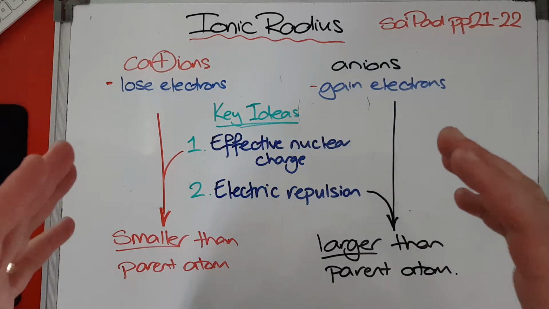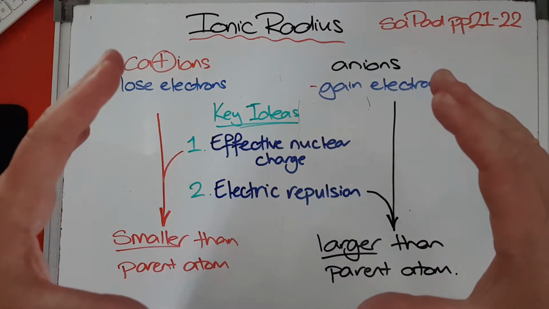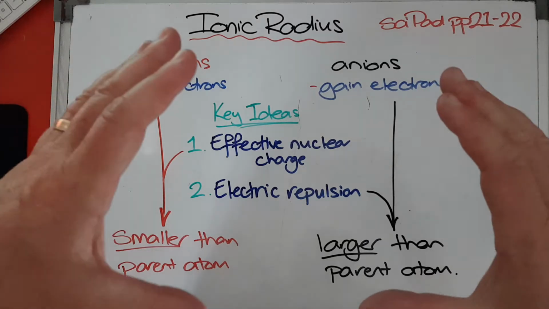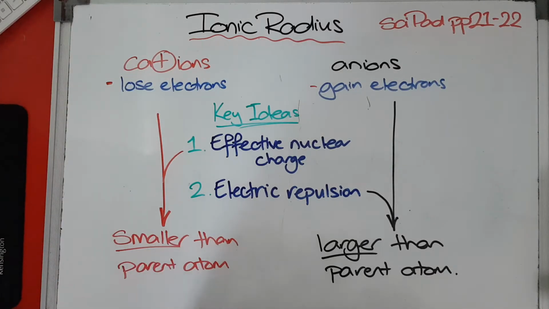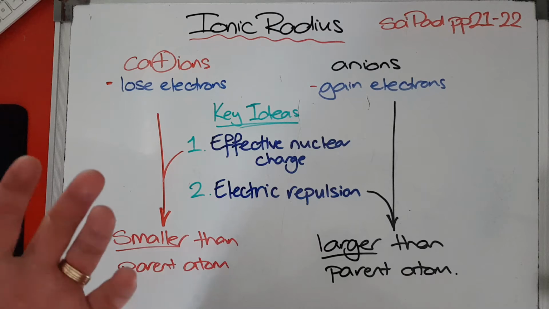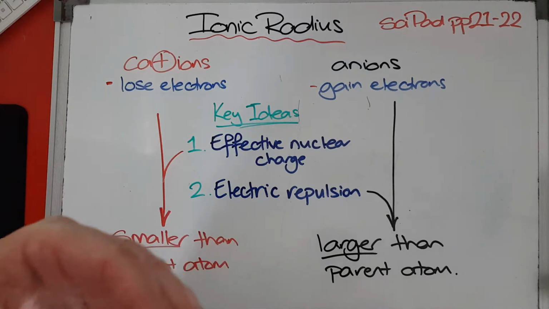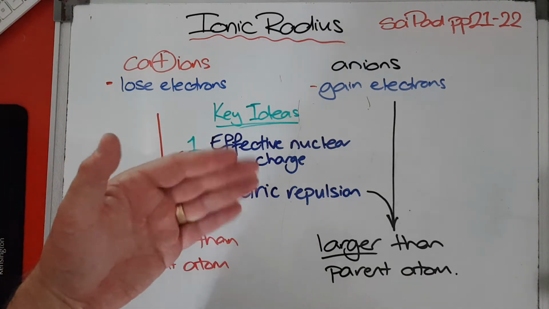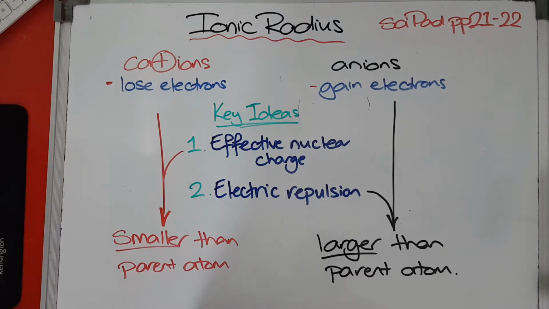So the effective nuclear charge on its outermost electrons is higher because there's fewer energy levels. There's 20 protons pulling on each electron, and now that they're only in the third energy level, there's less shielding, so an increase in effective nuclear charge. So cations are smaller for this reason.